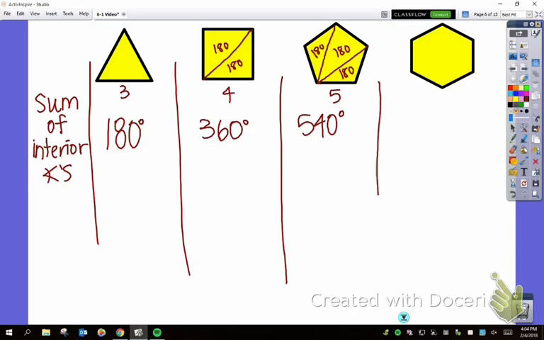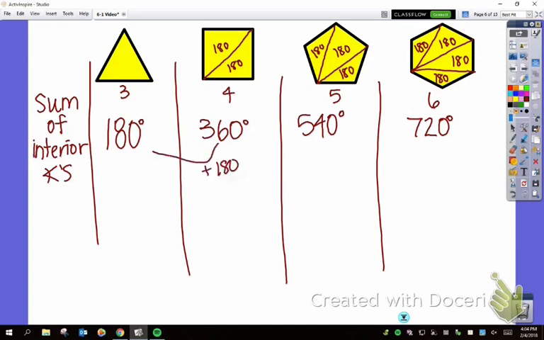So let's look at one more, a hexagon, a six-sided figure. I have one triangle there, one triangle there, and one triangle there. So 180 plus 180 plus 180 plus 180 gives us 720 degrees.